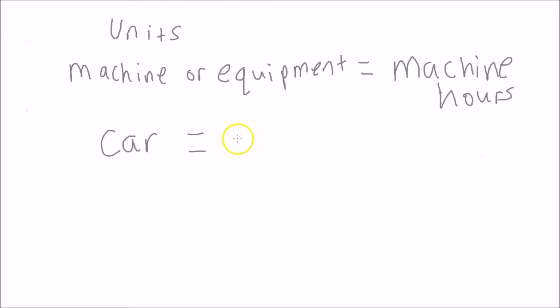Units for a car would be miles driven. The more miles you drive, the more that car depreciates. The more you use the machine or equipment, the more machine hours accumulate, therefore you will depreciate it more. Simple as that.